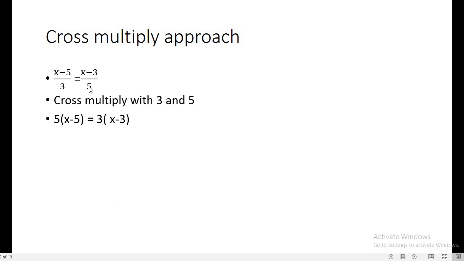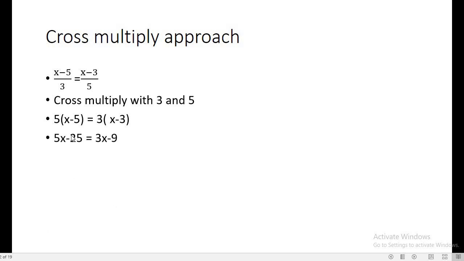This 5, which is present in the denominator, dividing on the right hand side, when transposed to the left hand side will become multiplication. So 5 will be multiplied by x minus 5. Similarly 3, which is present in division, when moved towards the right hand side will be in multiplication. So 3 multiplied by x minus 3.